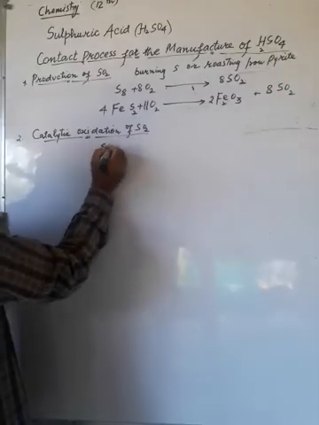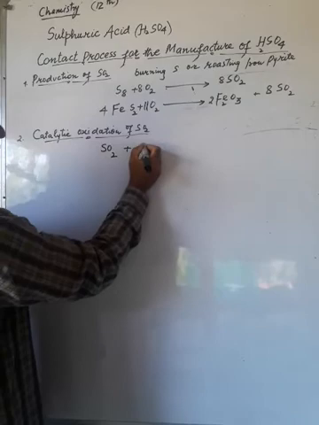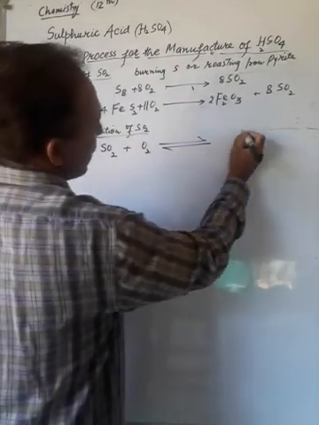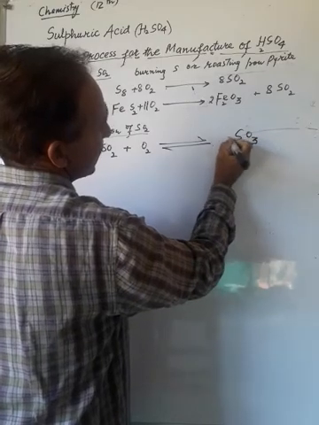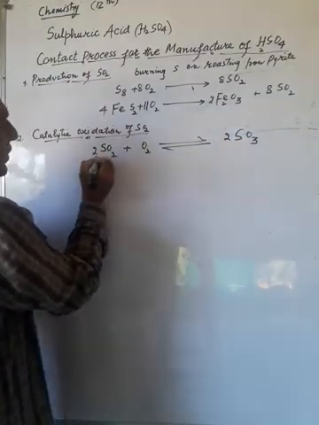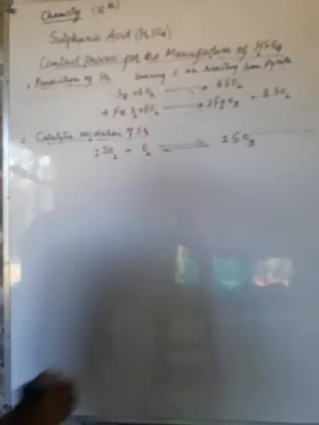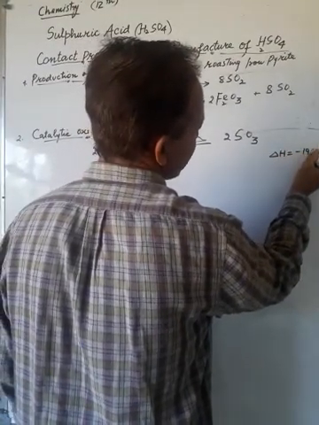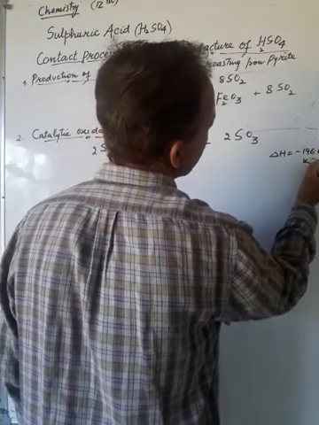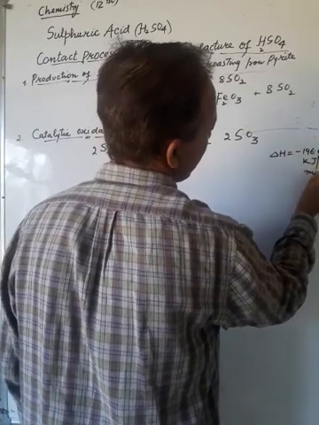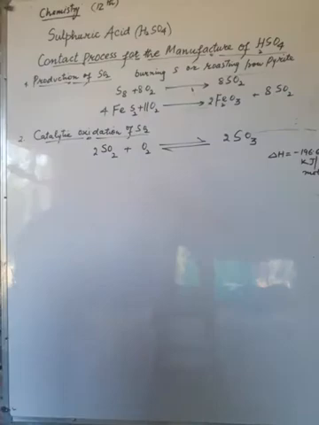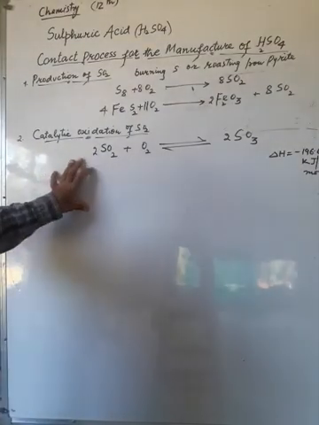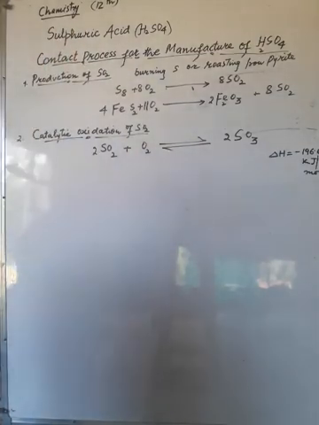So SO2 reacts with oxygen, it forms 2 SO3. Del H is equal to minus 196.6 kilojoules per mole. This is a very important step in the production of sulfuric acid.